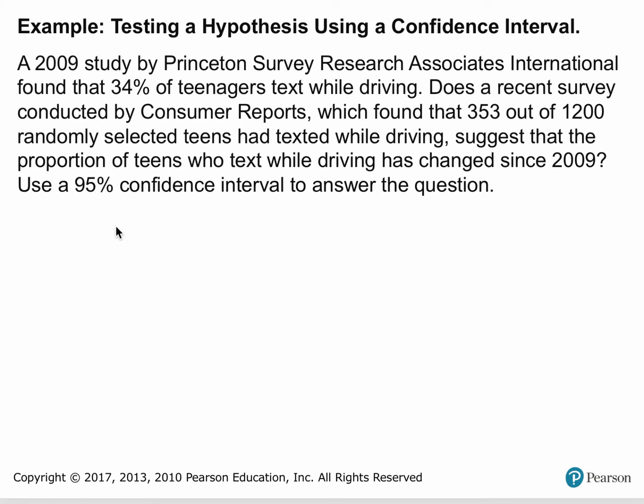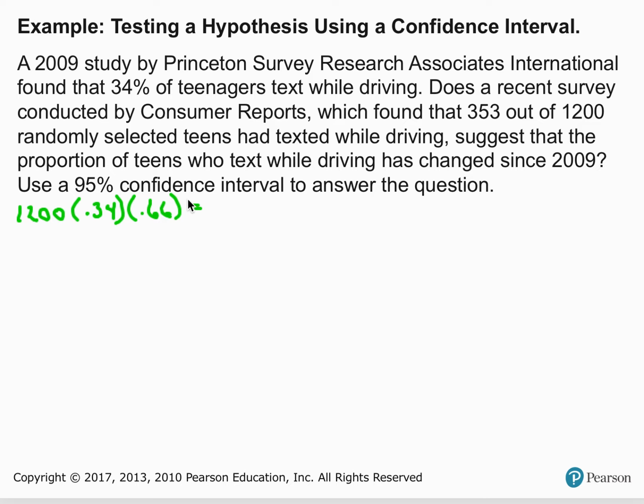Okay, so first of all, we have to check those 3 requirements. And we had noted while we were reading, it said randomly selected. So let's look at n times p times 1 minus p.